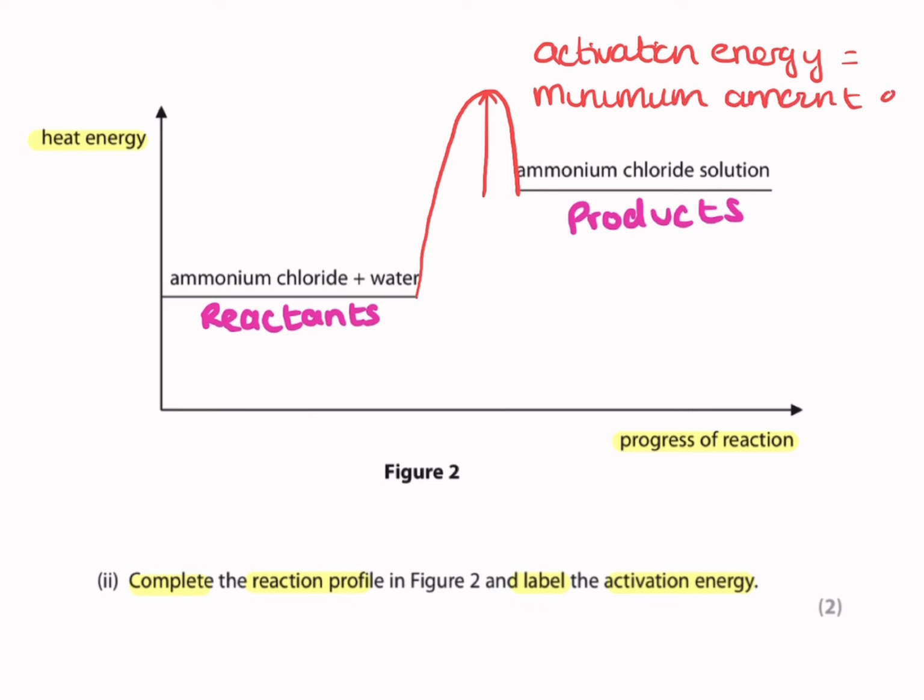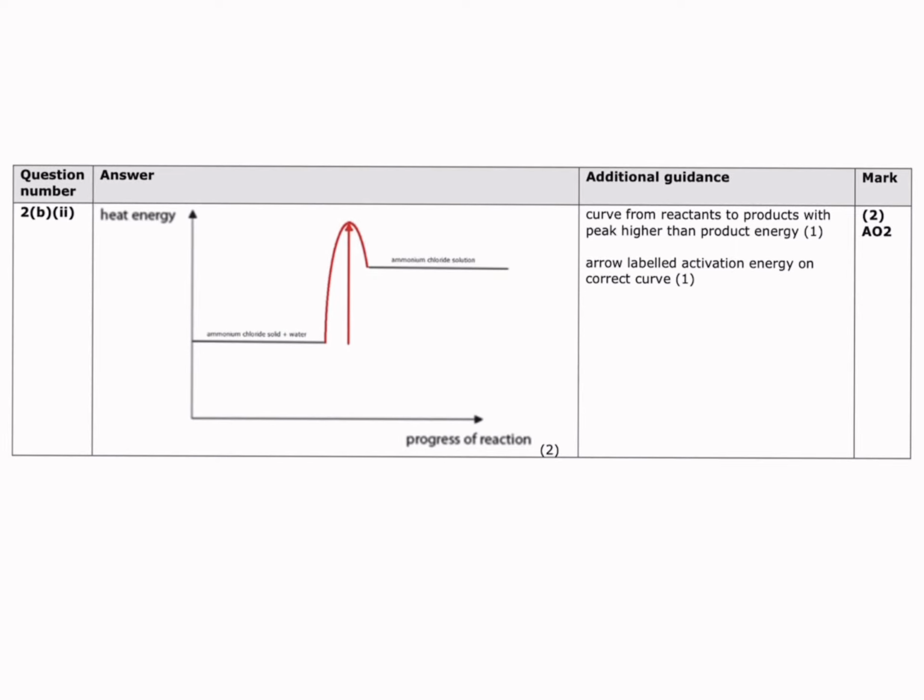This is a bit of memory; you should have seen these graphs before. It's endothermic, so it goes this way, and the activation energy always has a little bump. Think of it like a hill. You've got to roll the ball over the hill, and once you get that ball over the hill, it rolls down nice and fast. So there is our mark scheme for that.